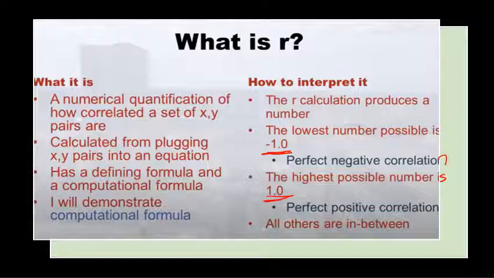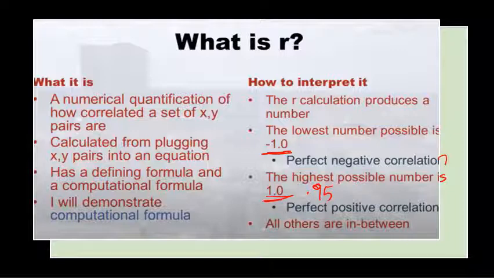More than likely, it's not ever going to be a perfect correlation, so you're probably not going to get negative 1 or 1. You're probably always going to get somewhere in between. But even if you were to get 0.95 for R, that's actually really close to being perfect.